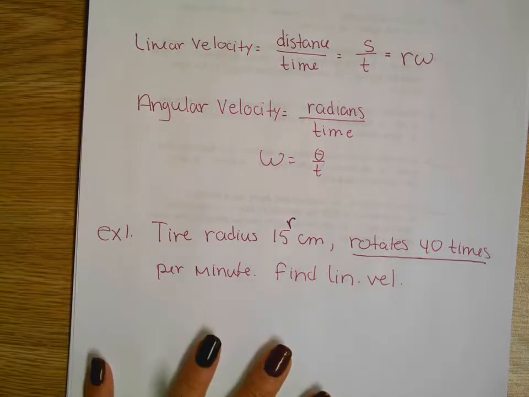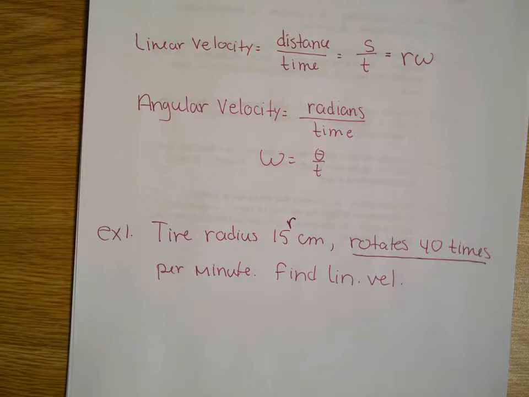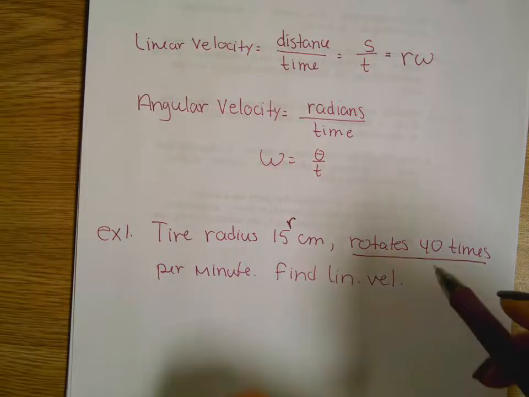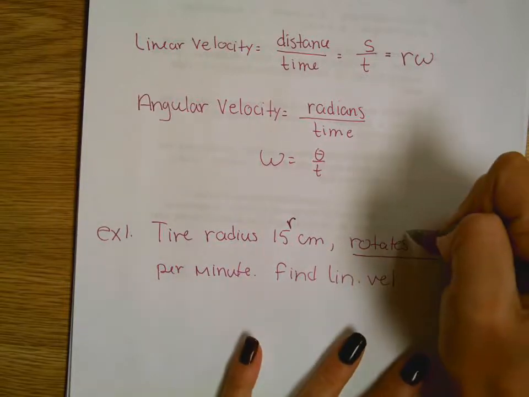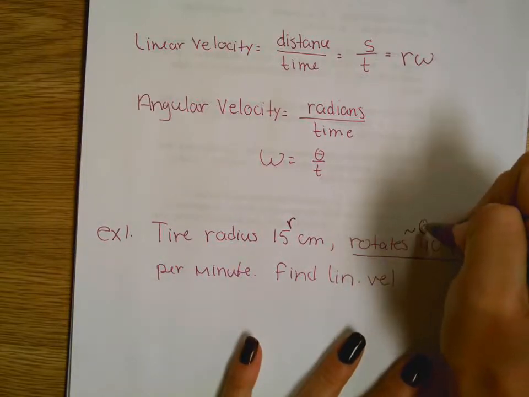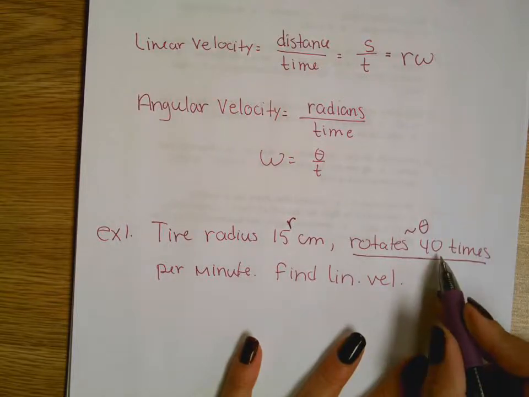What can we figure out knowing the rotations? We can figure out the degrees, so we could get the theta, or we could turn that into radians, either one. Let's call it almost theta, because we can turn it into radians by doing one little trick.